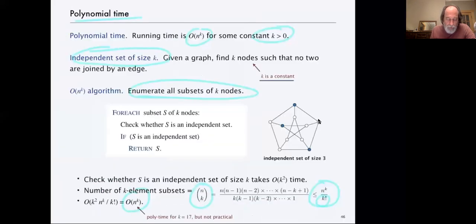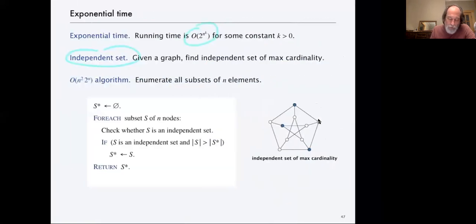Here we looked at independent sets of some fixed, constant size, and the general one might be to find the largest independent set in the graph. The naive algorithm is to enumerate all subsets of n elements. How many subsets are there? About n factorial.